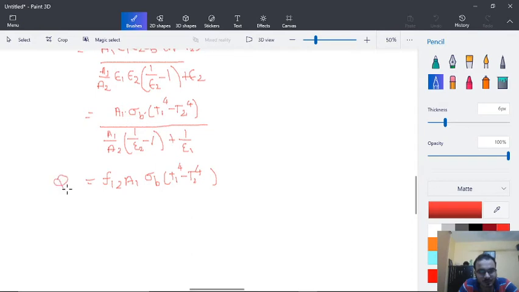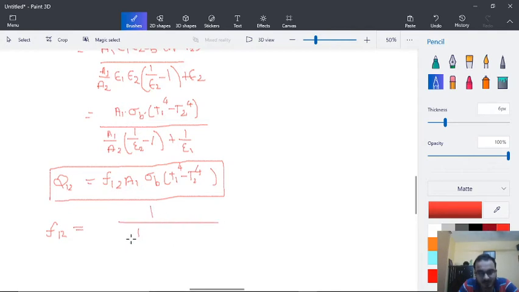So this is the value of Q122, and where F122 is equal to 1 divided by 1 upon epsilon 1 plus A1 by A2 into 1 upon epsilon 2 minus 1. That is also the interchange factor. Okay, so this is about interchange factor.